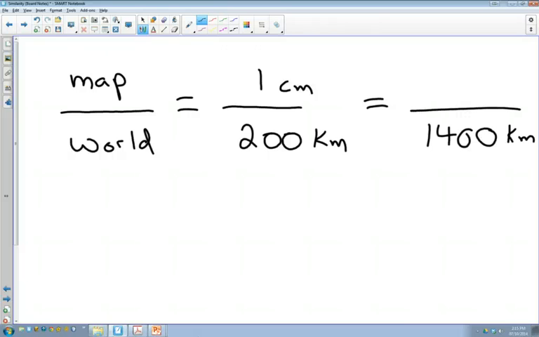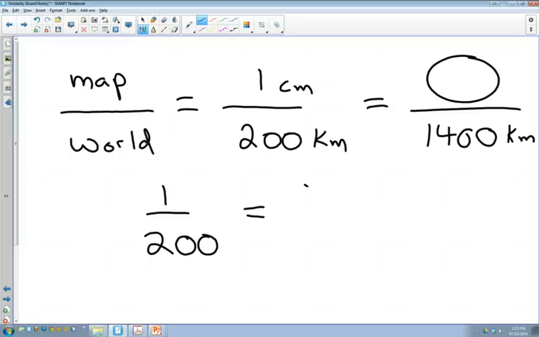What I'm looking for is right here, the number of centimeters, okay? But all these 3 things are equal, right? What the map in the world equals this equals this. So think about what we have here. We have a fraction of 1 over 200 that's equal to some unknown over 1,400. We have to solve for the unknown at this point.